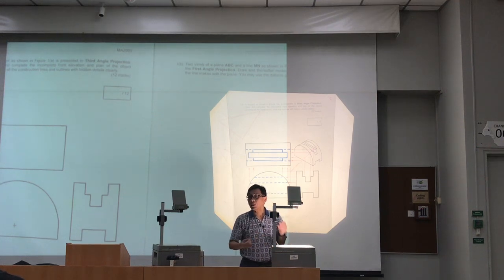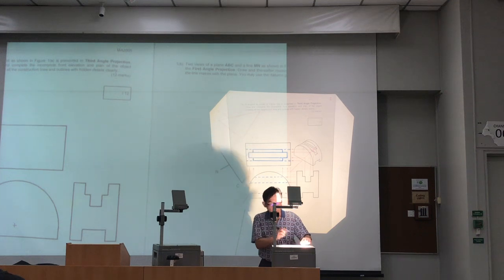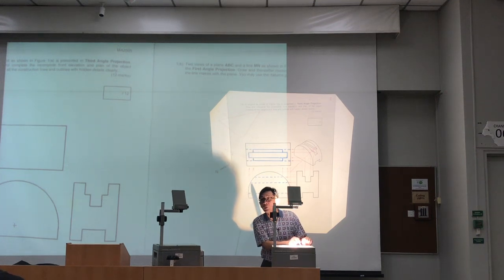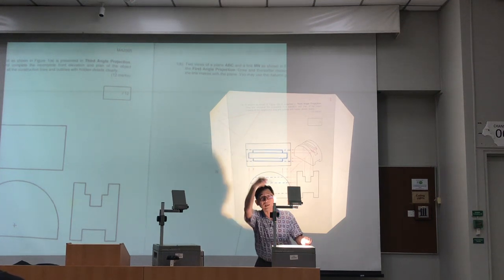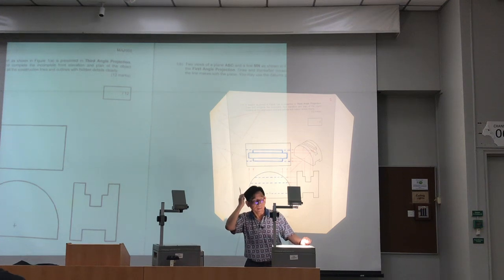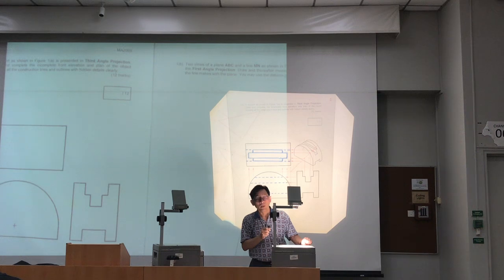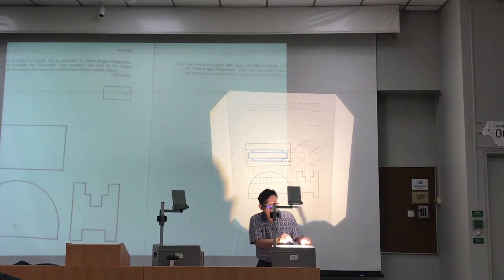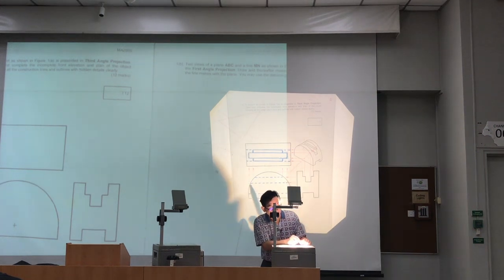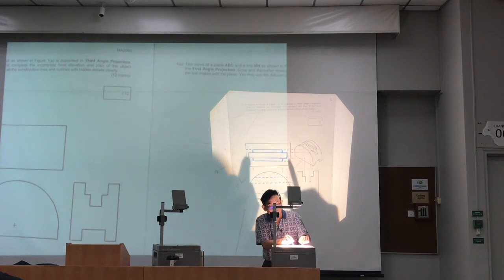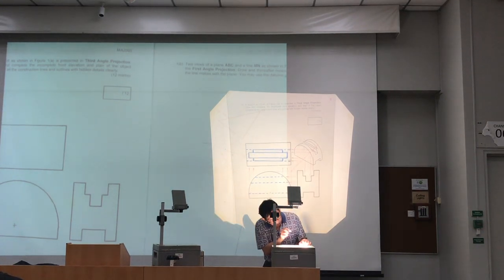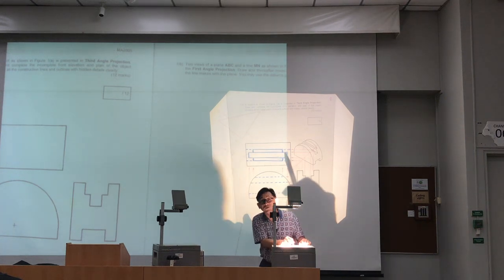Clear? So one point in this view will give you a line in the other view. I told you already. A point here will give you a line. When you have a point, you get a line in the other view.